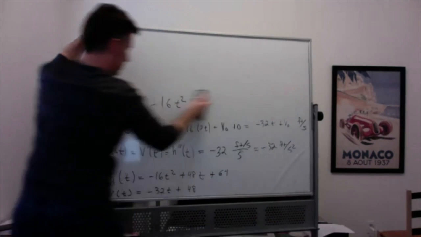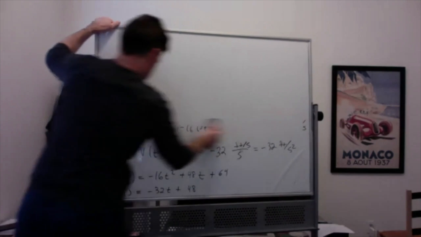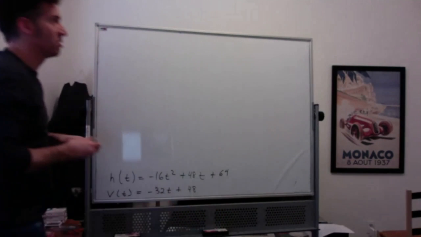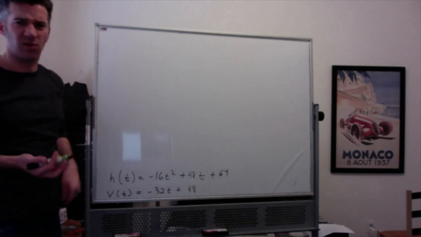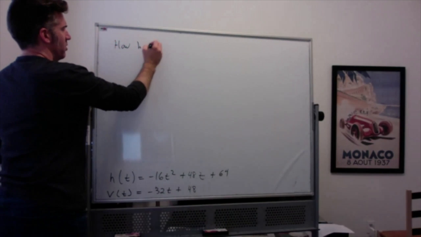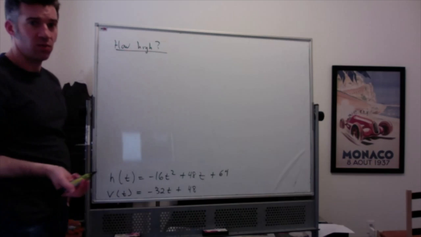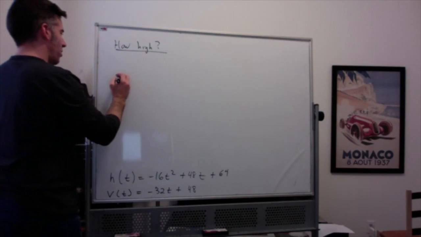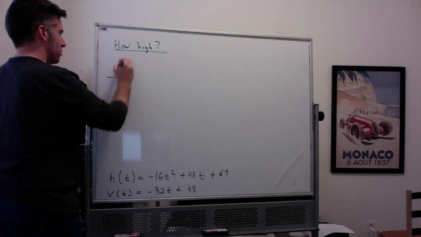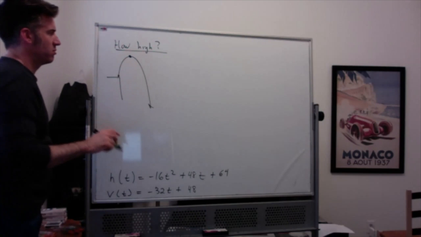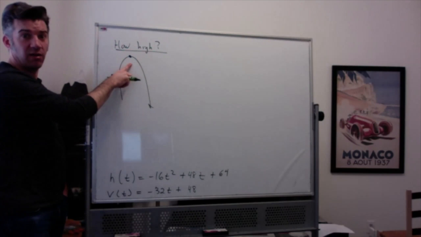So often the kinds of questions we ask with this setup is, how high does the rock go? Well, to answer that question, we have to know when it is at its highest point. So the rock is at its highest point, well, on the picture, it's right there.